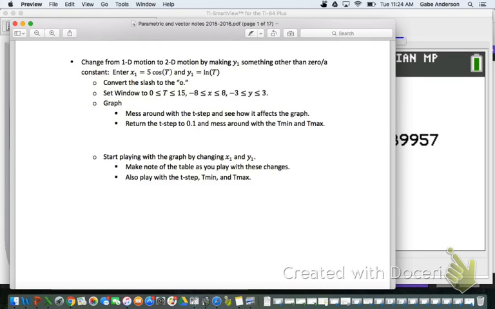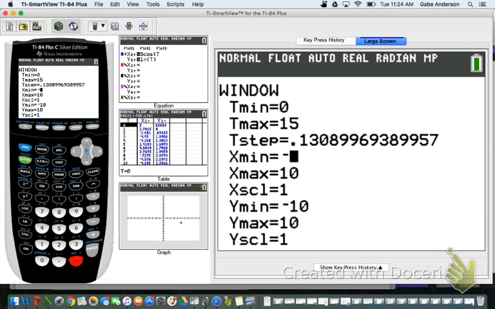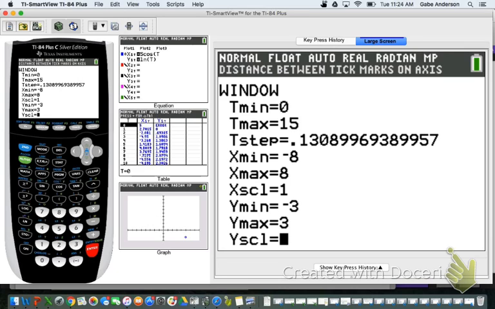Okay, the x's are the 8s, so negative 8 to 8, negative 3 to 3. I'll leave that alone until everybody's had a chance to get there. What do I want my x scale to be? According to what I wrote in the notes, x scale and y scale will both be 1.